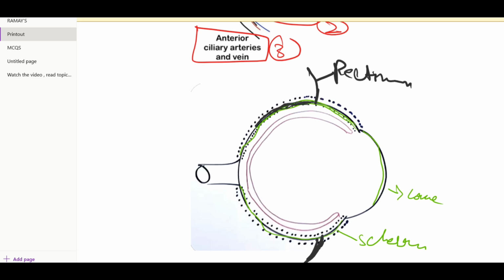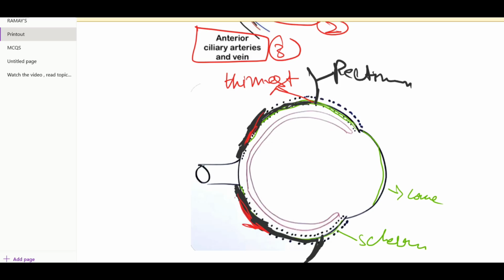As it goes backward, it becomes thick, like here, and here the sclera is more thick. So we can say that the sclera is thinnest just posterior to the recti insertion, because as it moves backward, it becomes more thickened.